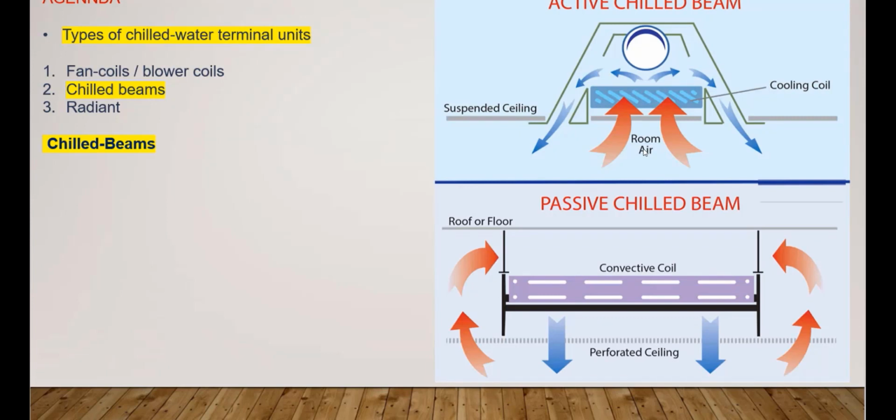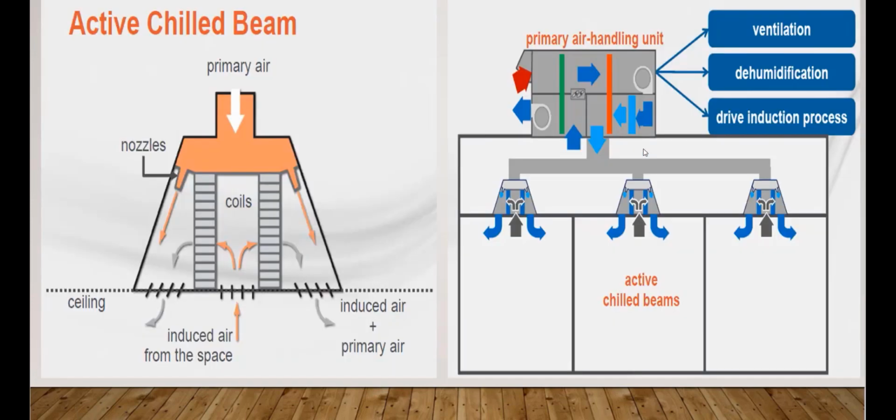The second type of chilled water terminal units is the chilled beams. We have two types of chilled beams: active chilled beams and passive chilled beams. This slide shows the first type, which is active chilled beams.